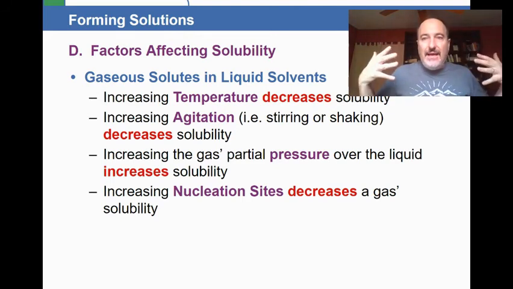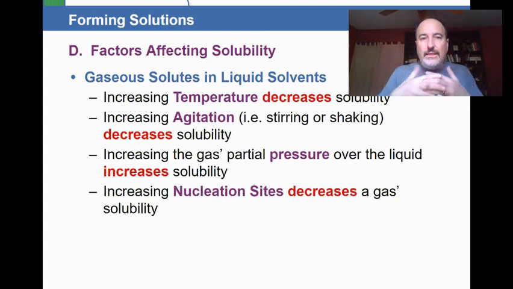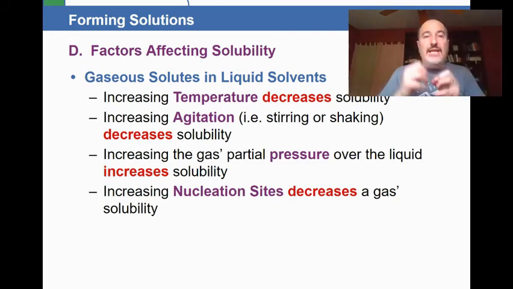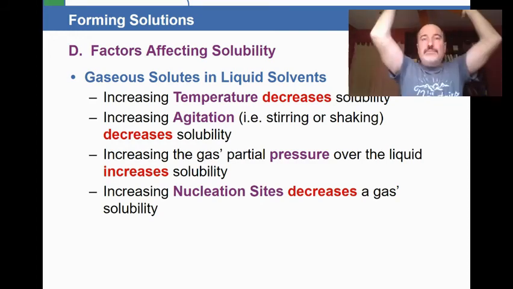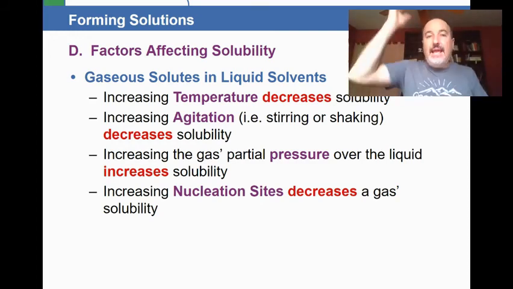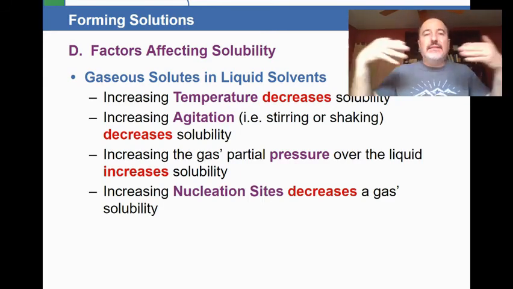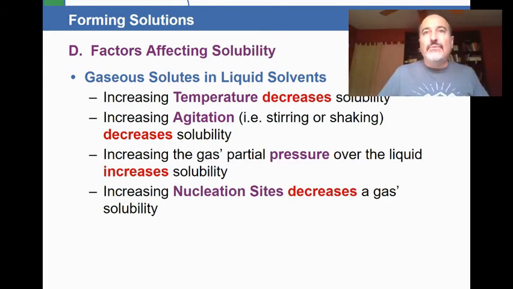You do that rather slowly. But if you have a bubble already there, then all the CO2 can rush in, form a big bubble, and that's what you actually can see with your eyes. And then it comes up and so forth. So that's what happens. It's that nucleation site. It's like a little nucleus that allows the bubbles to grow rapidly.